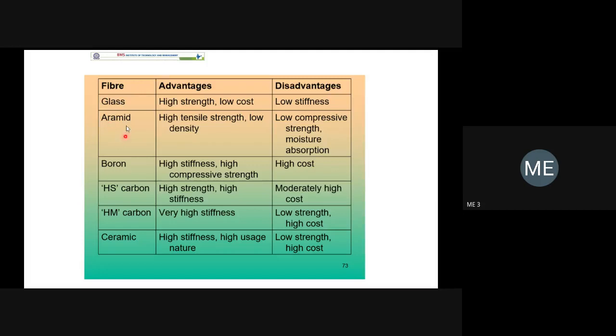So there is aramid fiber, boron fiber, high strength carbon, high modulus carbon, and even ceramic matrix composite. Especially carbon fibers are used in the aerospace industry, and most of the time they will be imported, because carbon fiber is required for aerospace since it has high modulus and high strength.